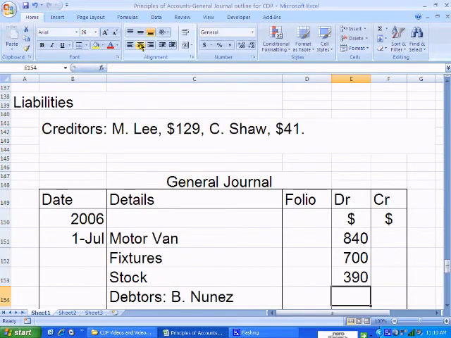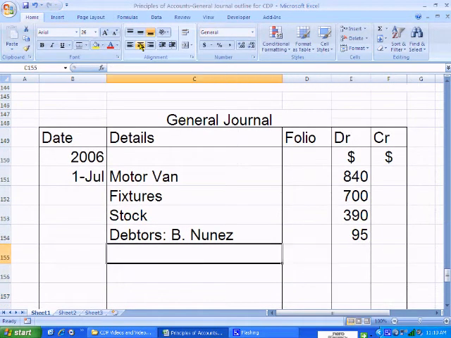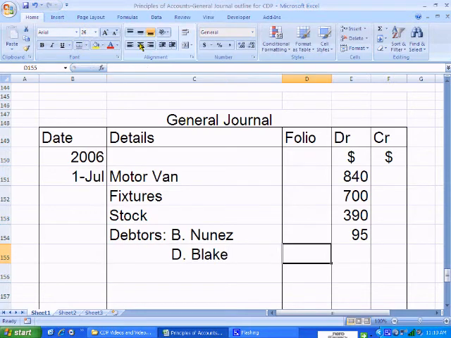D. Blake, the amount is 45. Then we look to our bank now, and the amount is 80. And we look to our cash, and the amount is 20.